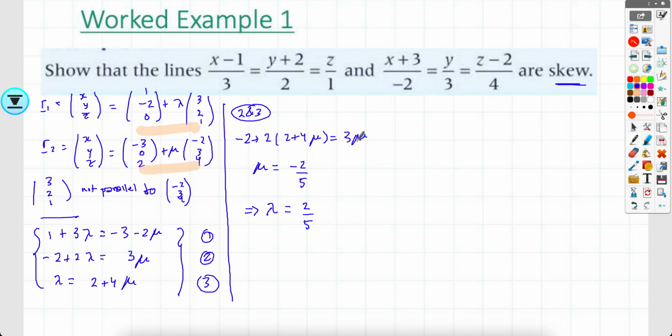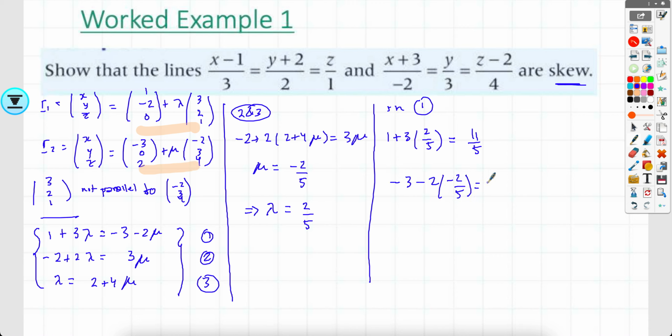So I'm getting these two, and what I'm going to do is substitute in equation 1 and see, does it fit in there? So I go 1 plus 3 lambda. This is going to give me 11 over 5. And then I have minus 3 minus 2 mu, and it's going to give me negative 11 over 5.